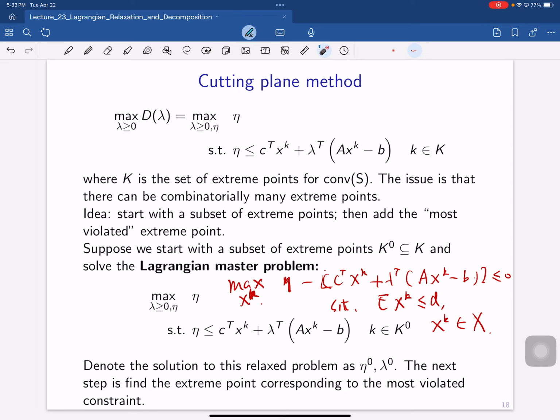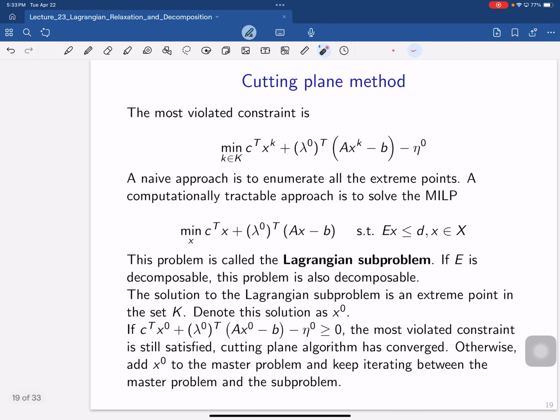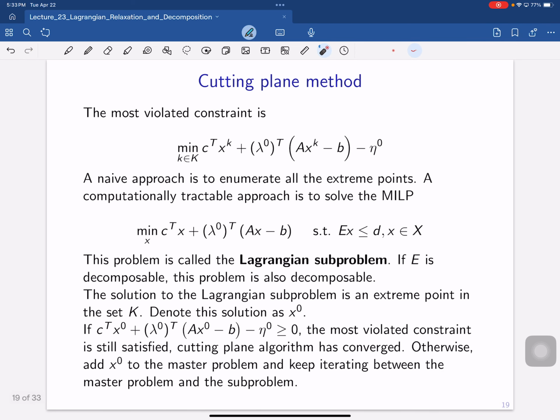And I guess, for example, the lambda that you use would be lambda naught in the maximization problem. So you are keeping the lambda naught. Very good point. So as you already suggested, you are going to use the lambda naught you just found, and the eta naught, to see if you can find any violated constraint.